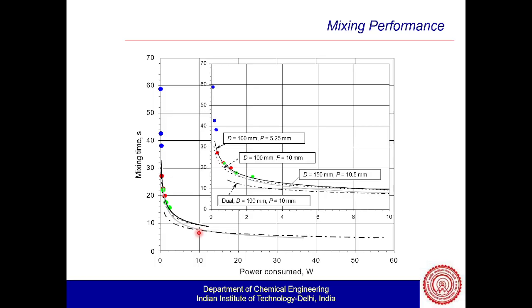This is one of the conventional approaches we follow. First we predict the hydrodynamics, then we tune it so that it increases the contact between the reactants, which results in a higher conversion and makes it much more economically beneficial for us. So that's how we can see the mixing performance of a reactor by using CFD.